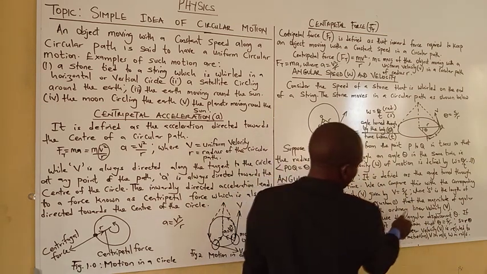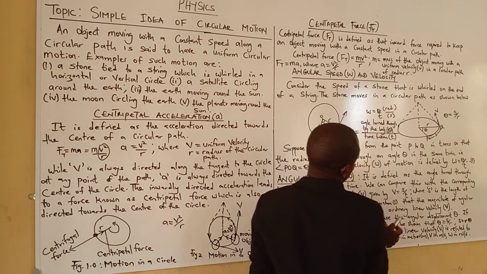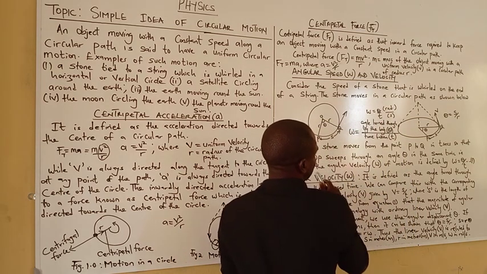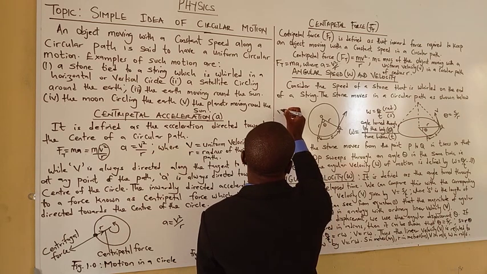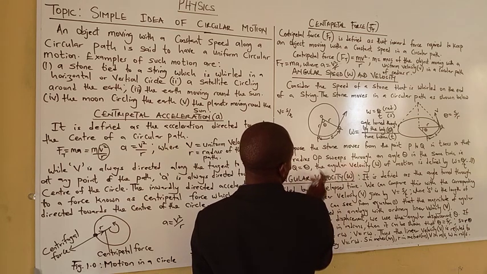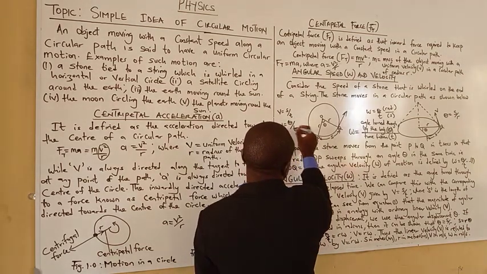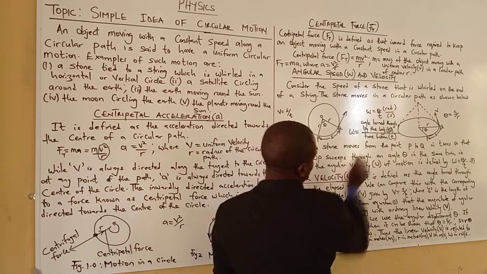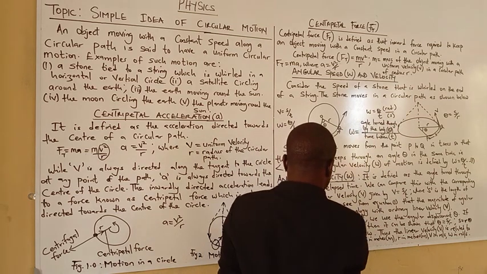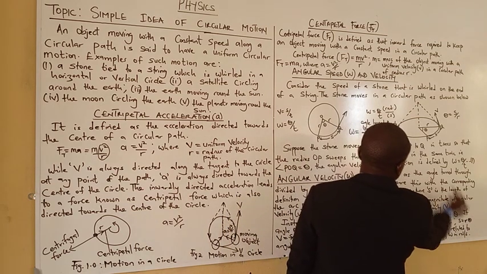When you write velocity, normally velocity equals displacement over time, but when you come to angular velocity, you use W equals theta over t. Is that okay? That's why you see theta over t. That's what we are saying here. Instead of linear displacement, which is s, we use the angular displacement theta.